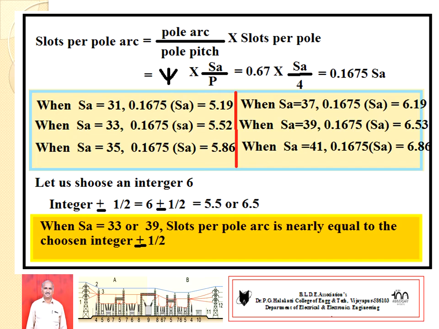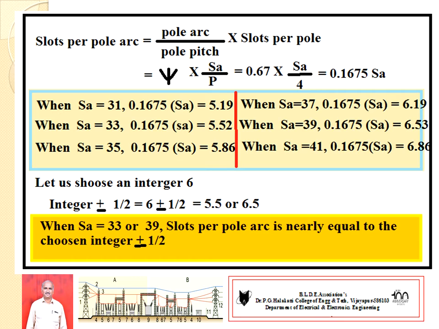So, your duty, you go on for each number of slots, you go on the calculation of this value. For example, when SA equal to 31, what is the slot per pole arc? You calculate 0.1675 times 31. So, this value we are going to get as 5.19.